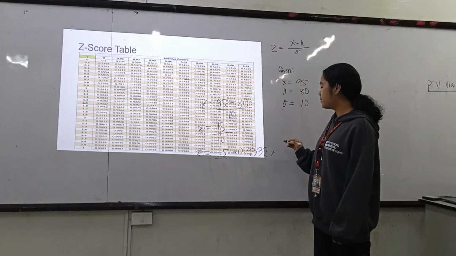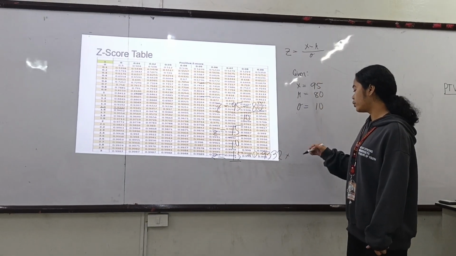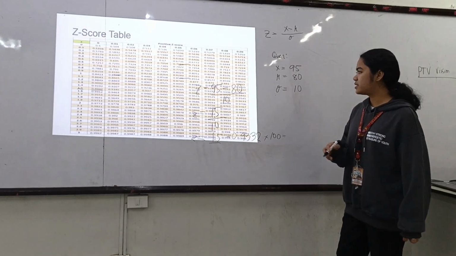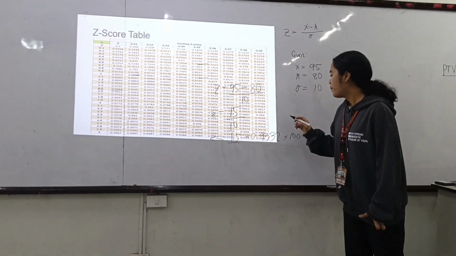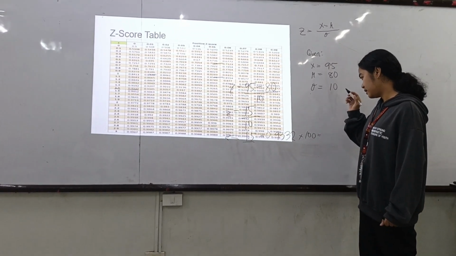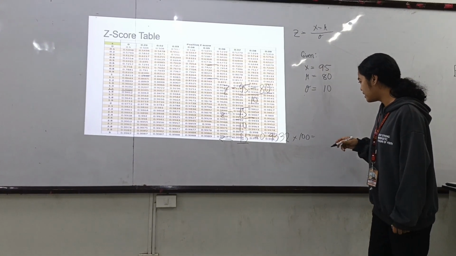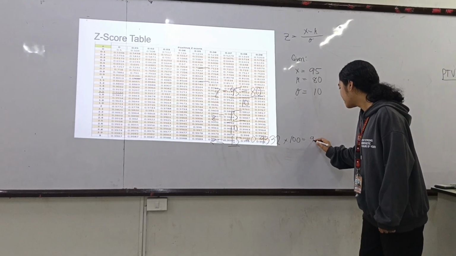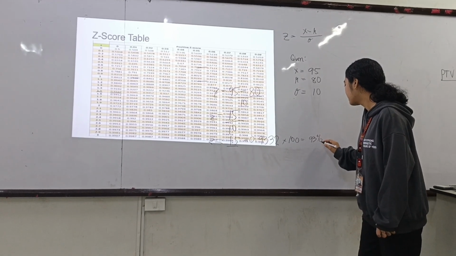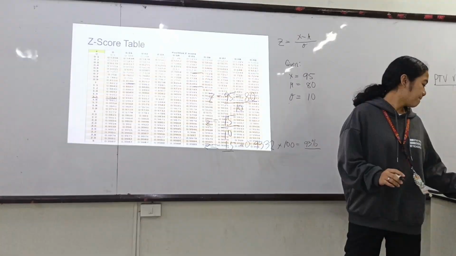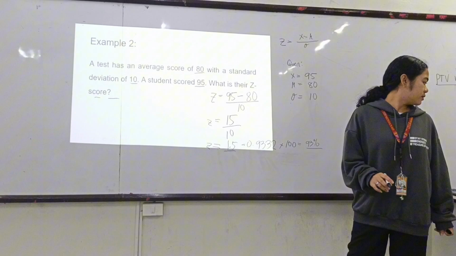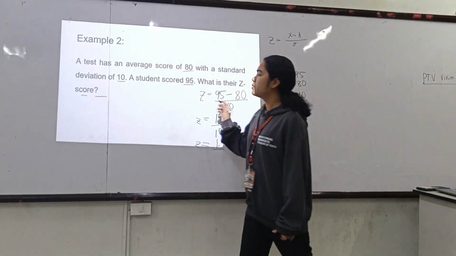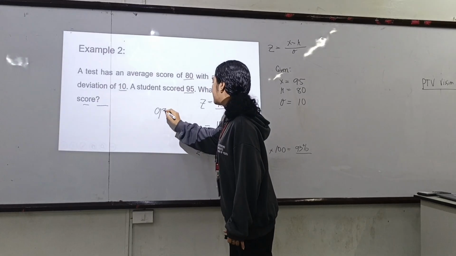Next, we need to multiply 0.9332 by 100 to get the percentage of the z-score. So, 0.9332 times 100 is equal to 93%. So the value of z-score, example number 2, is 93%.